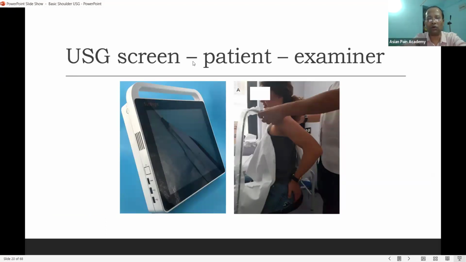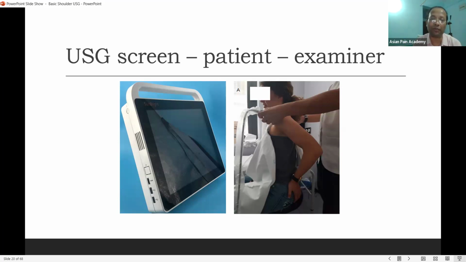Another thing: while you are performing the USG, the USG screen, patient and examiner should form one line. This is important for doing every procedure also. Of course, you can use two monitors, which gives you much more flexibility, because whenever you are scanning from the back of the volunteer or patient, your monitor should be in front of you so that you can see what you are seeing.